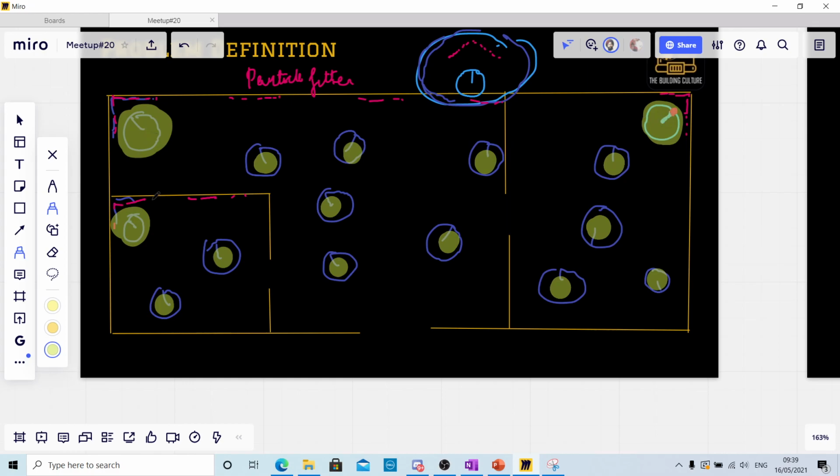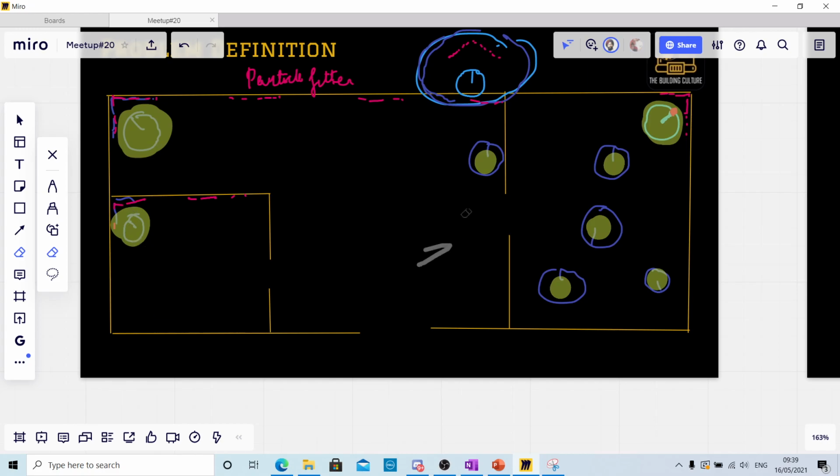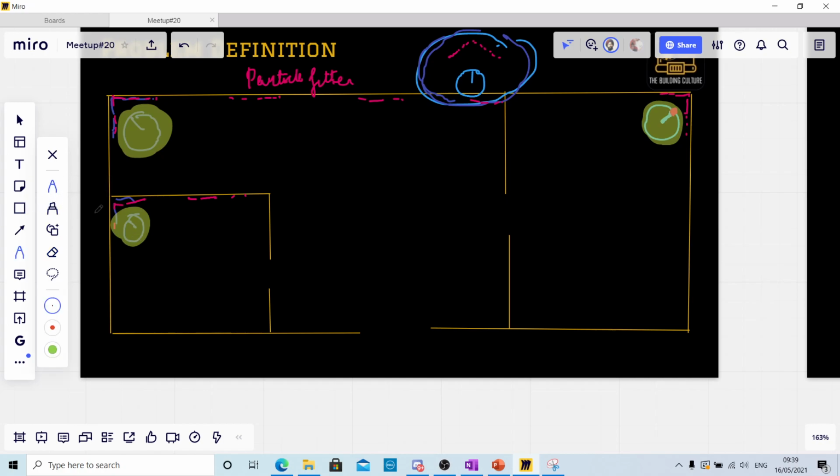Based on this, now we have a new probability distribution. And what we do in particle filters is, now we draw another set of samples. So I'll now remove all of these things, and based on the probability distribution, where the probability is high we get more samples, and where the probability is low we draw fewer samples.